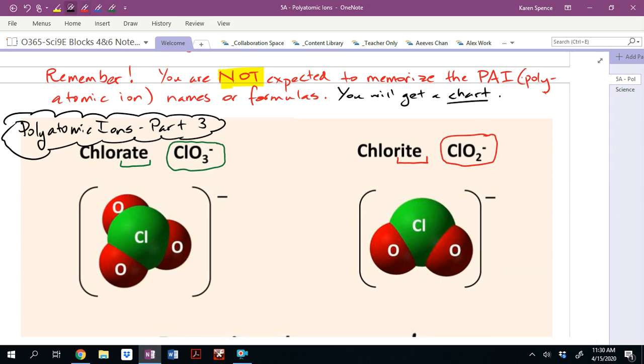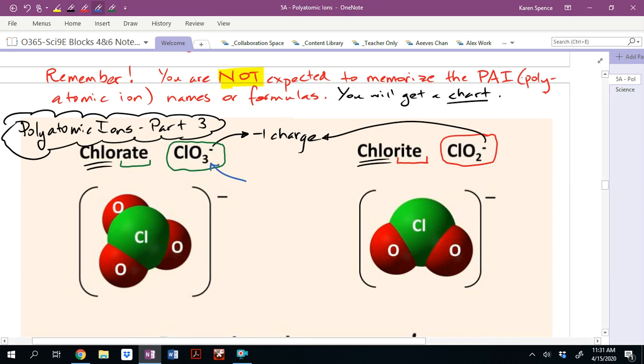They are both -1. We have a -1 charge and we have a -1 charge. So if you have something that is a chlorate or a chlorite, they will have the same charge as each other. The one thing that is different is the number of oxygens.